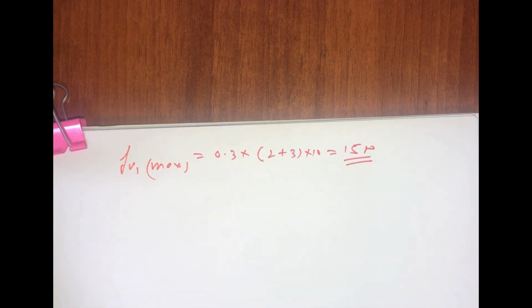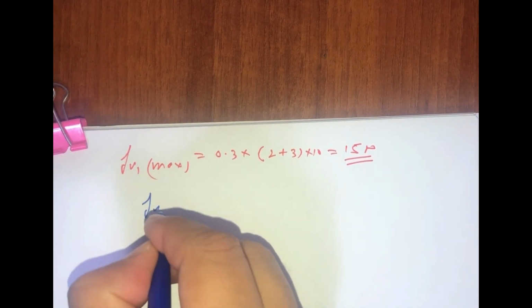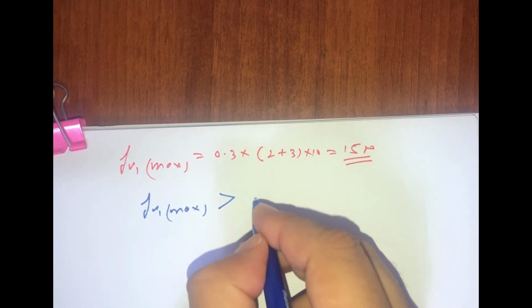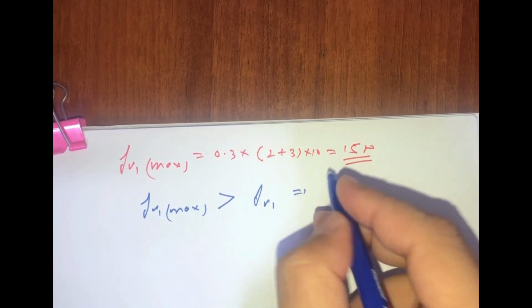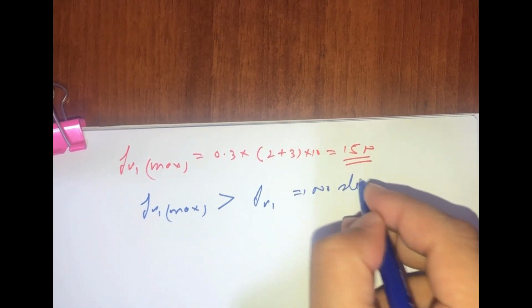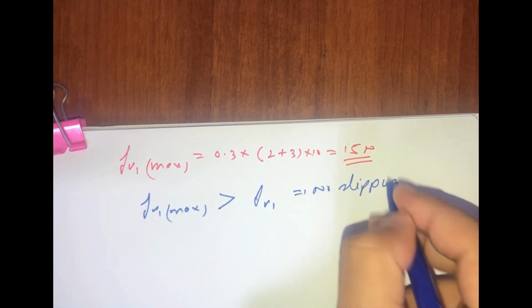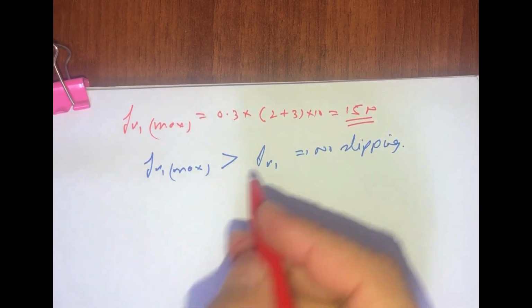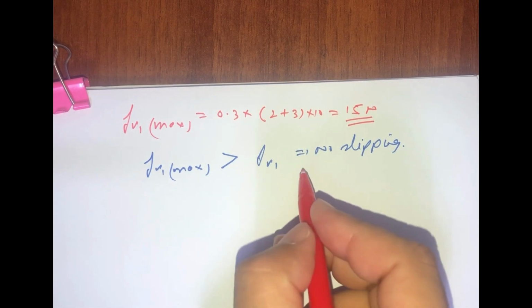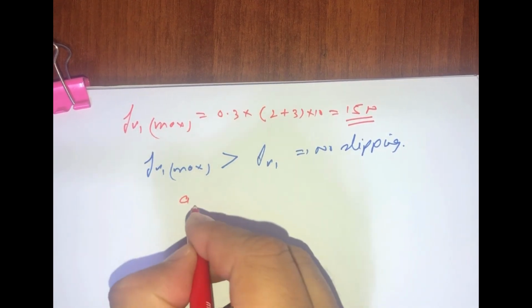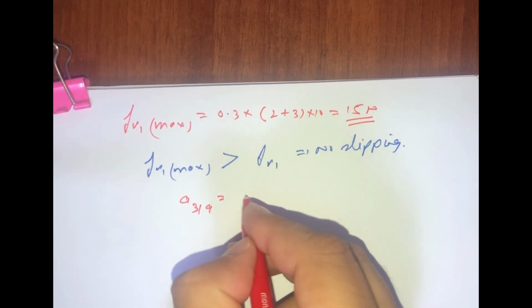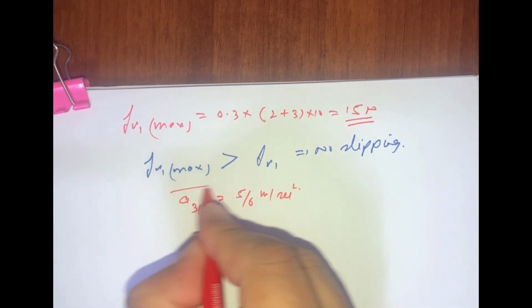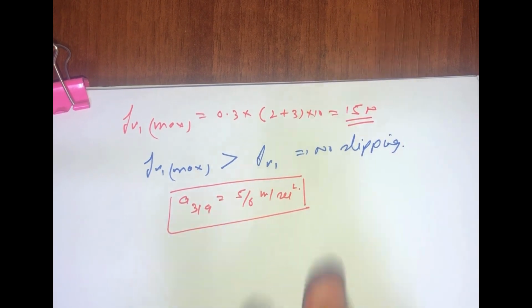So once again, the available force is greater than the required force. So it means no slipping. So if no slipping is going to take place, we have acceleration of 3 kg will also be equal to 5/6 meter per second square.